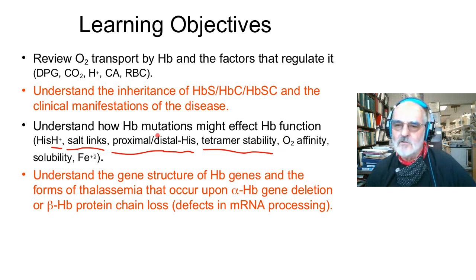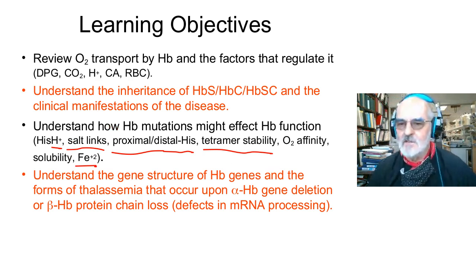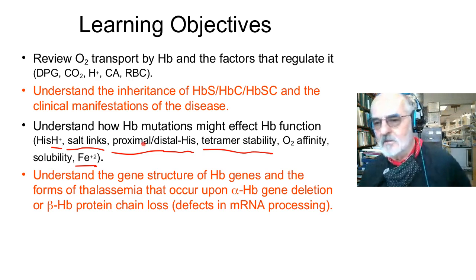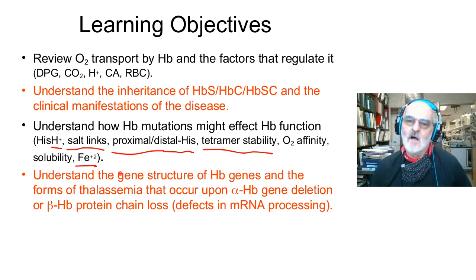But you should also appreciate that these features have potential impact on the oxidation state of the iron and its ability to bind oxygen. And then potentially mutations might affect what we call solubility. In the case of hemoglobin S, this is coupled to the formation of a large 14-stranded aggregate.